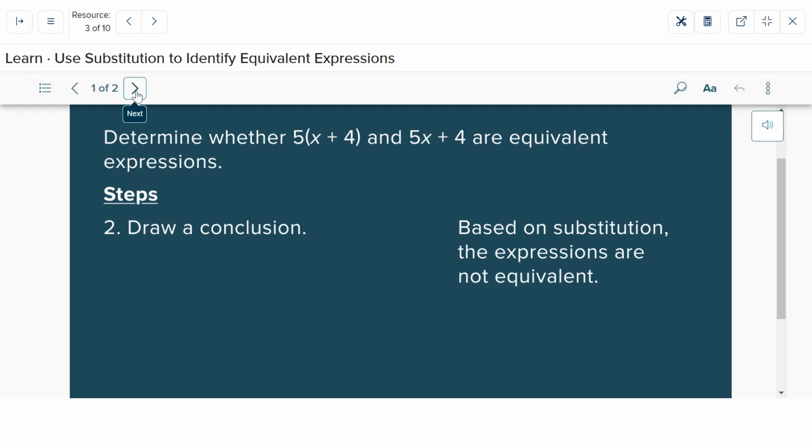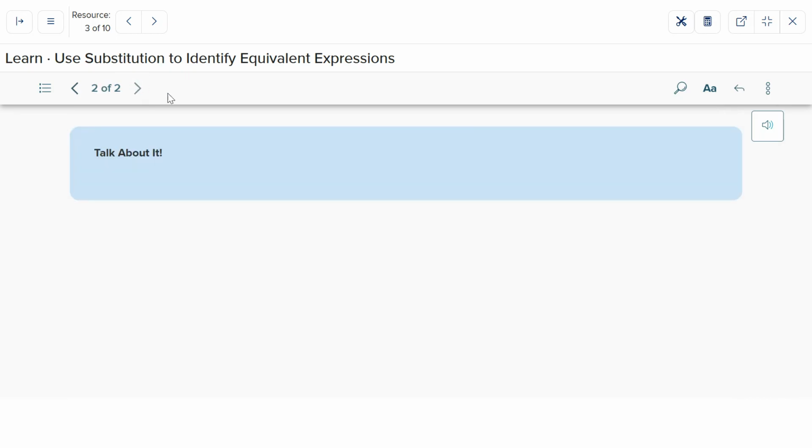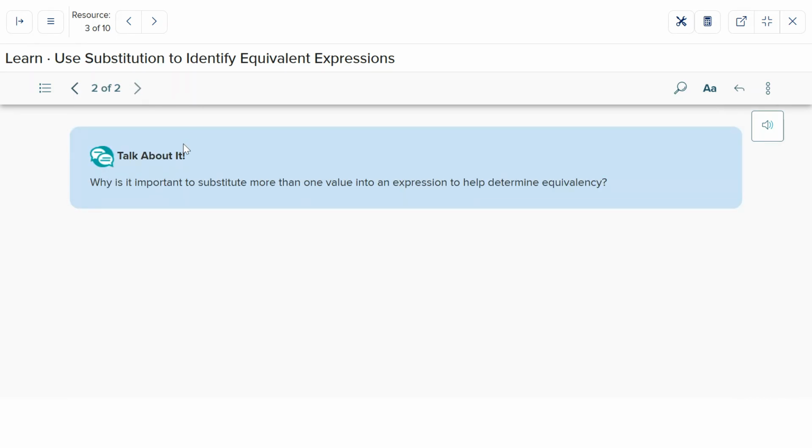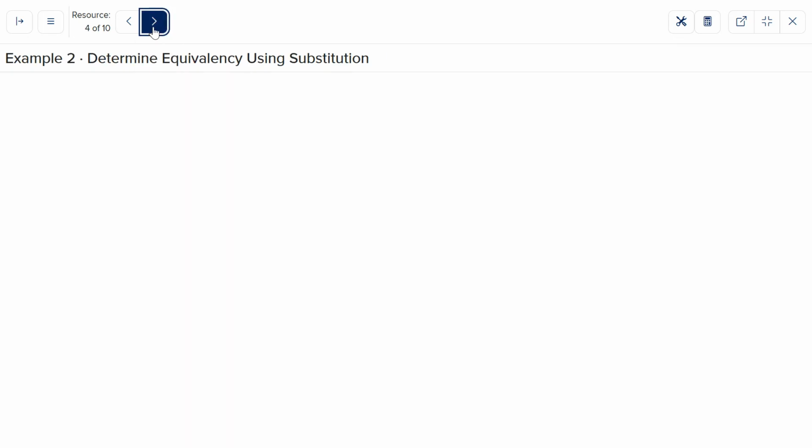So just keep that in mind, especially once you start dealing with multiple variables and things like that. You may find that you just accidentally got lucky and had a coincidence. I just wanted to point that out. Yeah, but definitely use more than one value to determine equivalency. 2 is usually good.